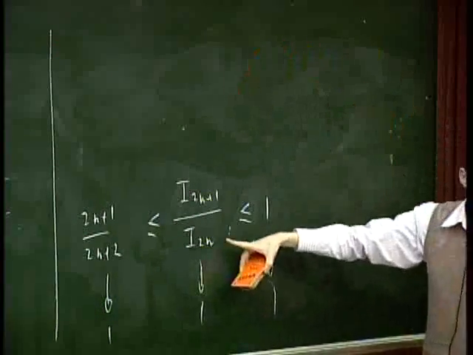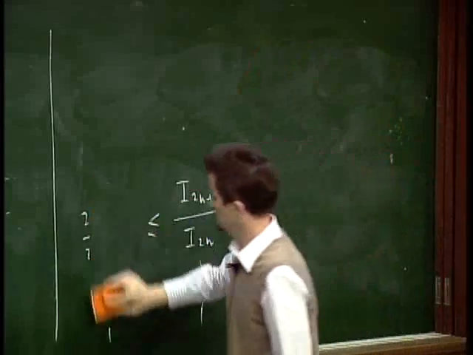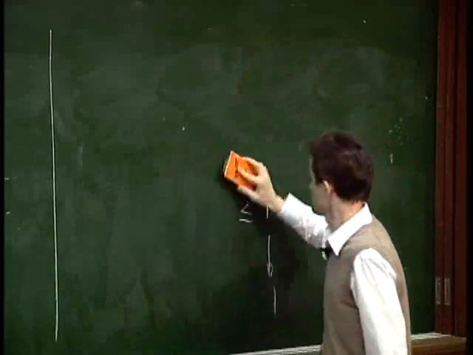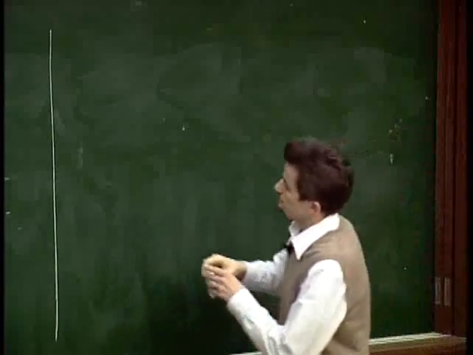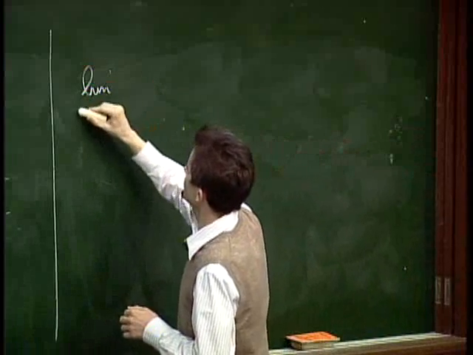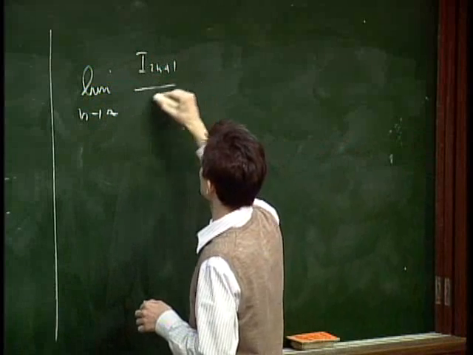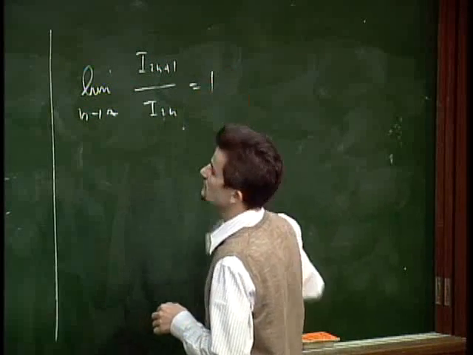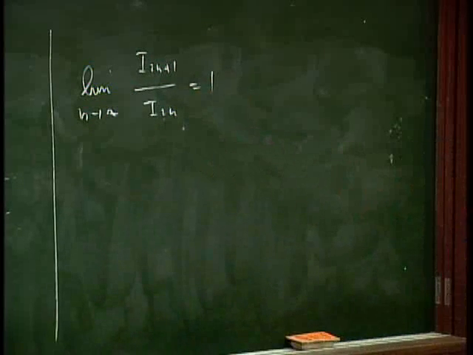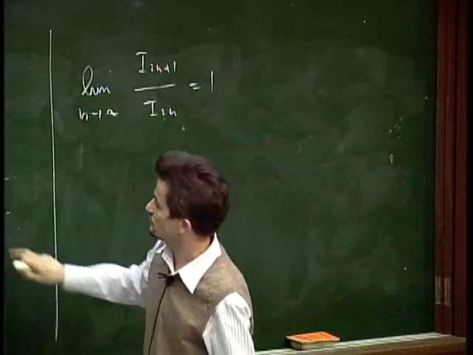So we have just proved that the limit as n tends to infinity of I_{2n+1} over I_{2n} goes to 1.